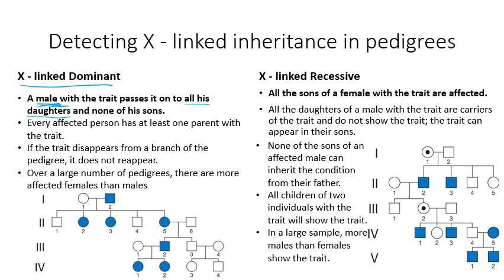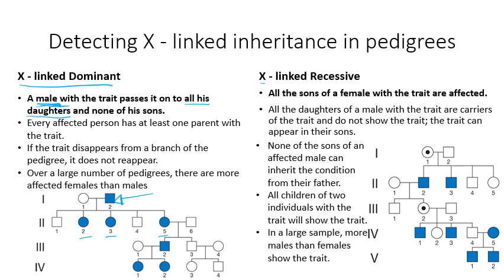So if there is a square coloured in, for example this one here, every single daughter that that male produces is also going to have this trait or be coloured in, which we can see is true here.